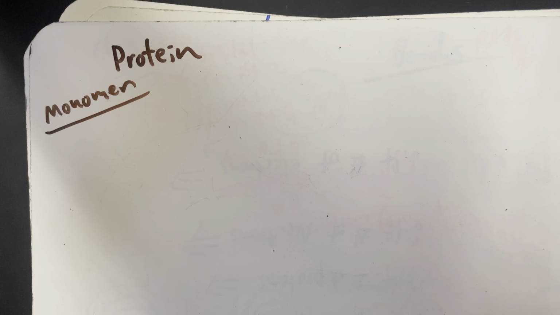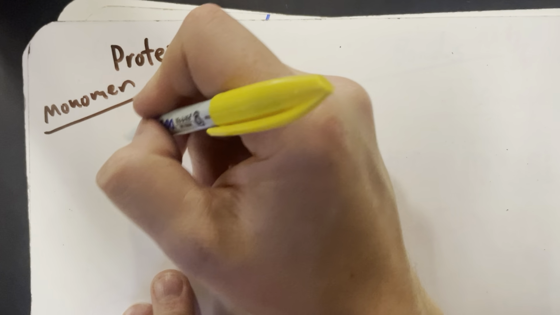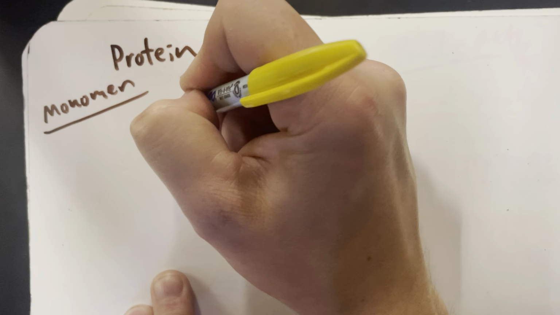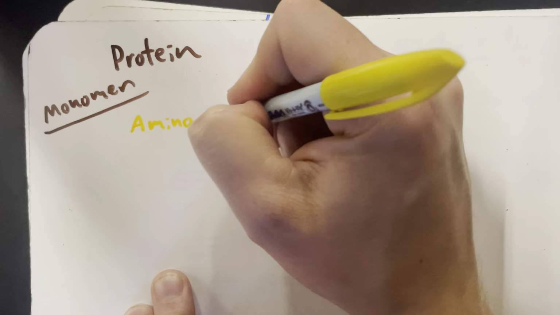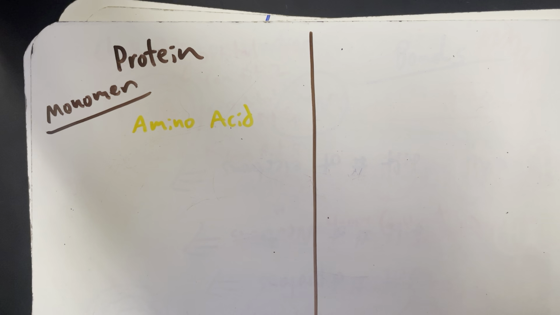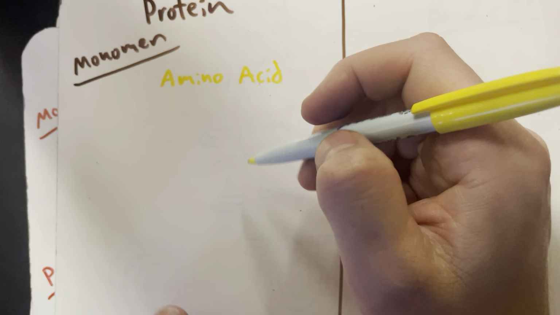Does anyone know what the monomer protein is called? The monomer protein is called an amino acid. Amino acids look like this.